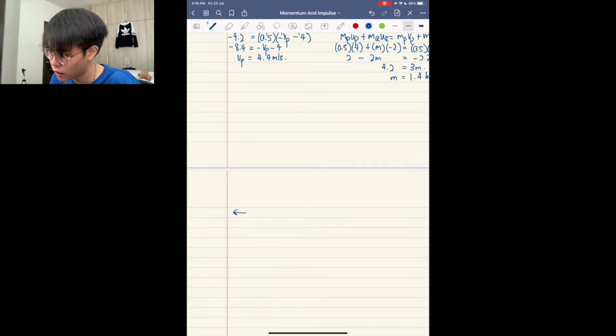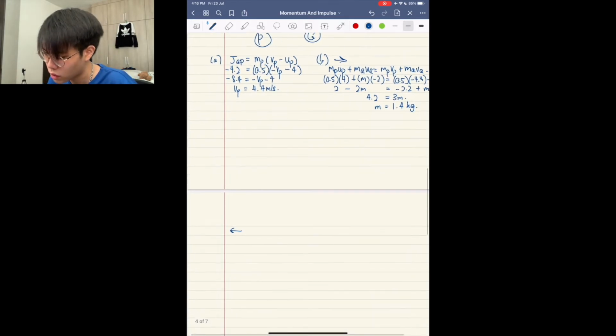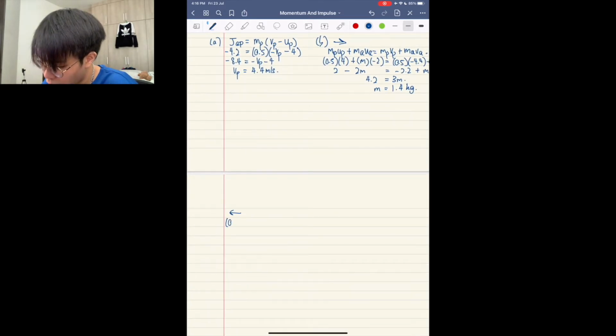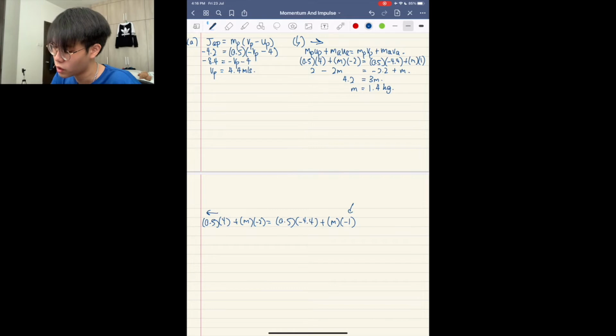Now we consider another case, which is Q going to the left. When it's going to the left, what changes? VQ will be negative. We can rewrite everything; everything will be the same, it's just that we need to put a negative on the 1.